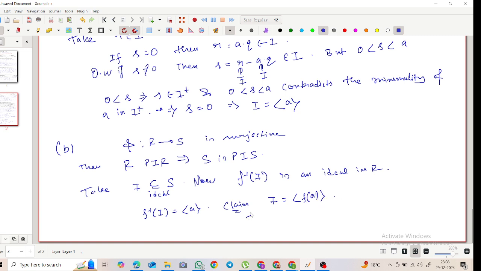So let s belong to I. So f inverse s belongs to f inverse I, which is generated by a.